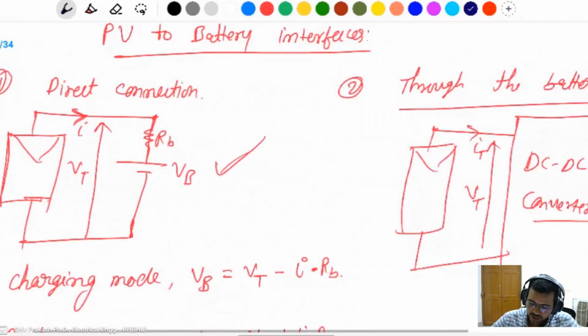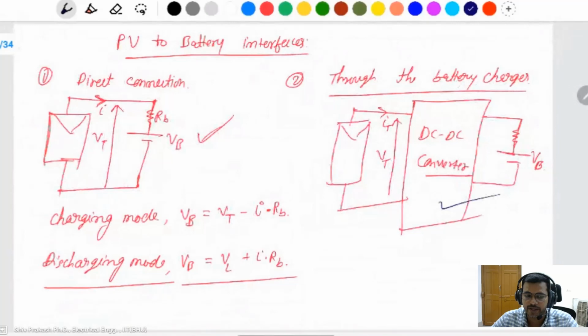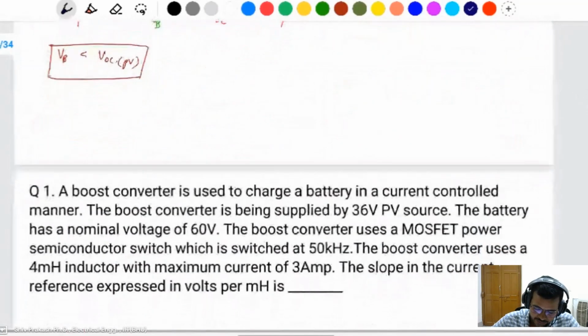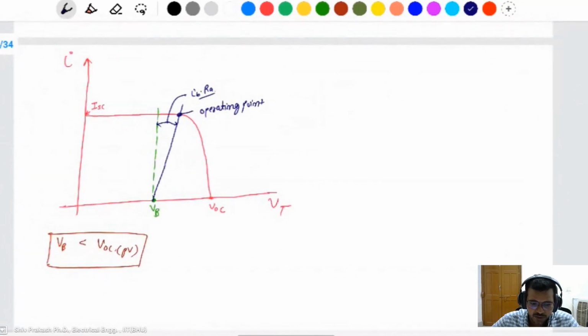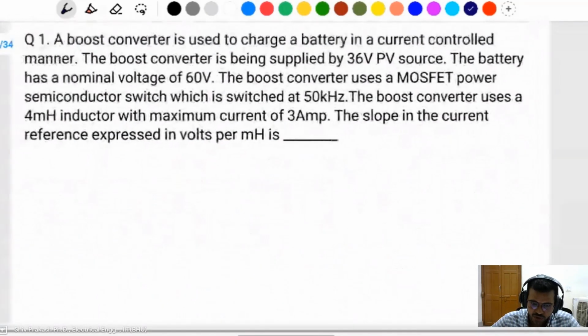Then the second point is whether the voltage profile is different or not in the range of the solar panel. This is the overall view of the connection of the battery to solar, directly or using a DC-DC converter. Then I will start taking the questions.